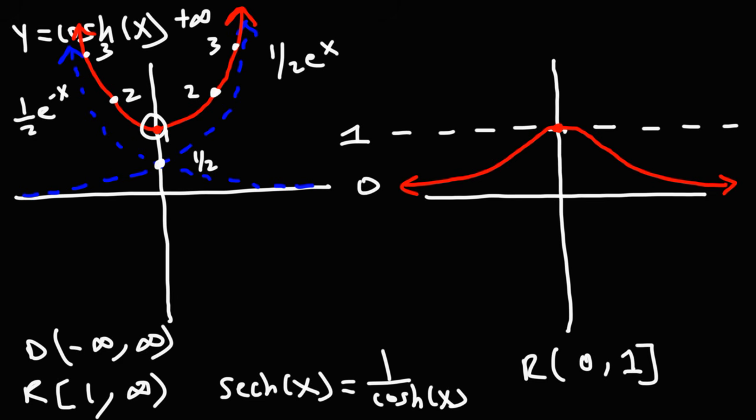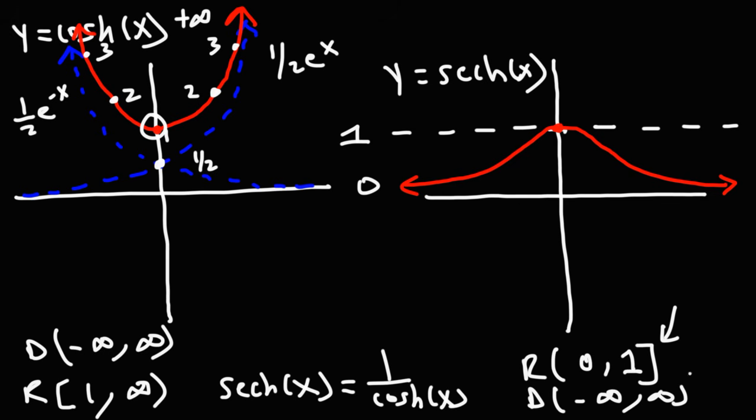We have an actual point here, so we are going to have a bracket for the range of hyperbolic secant. As for the domain, you can see that it's all real numbers. Analyze it from left to right. X starts from negative infinity and goes all the way to positive infinity. So that's the graph of hyperbolic secant.